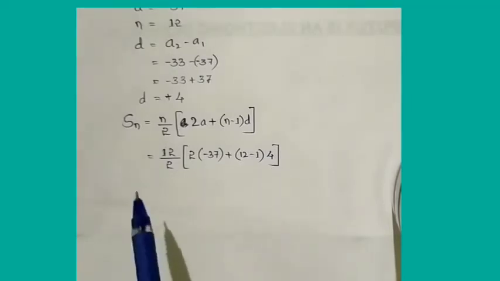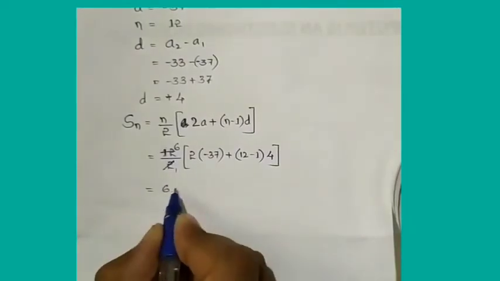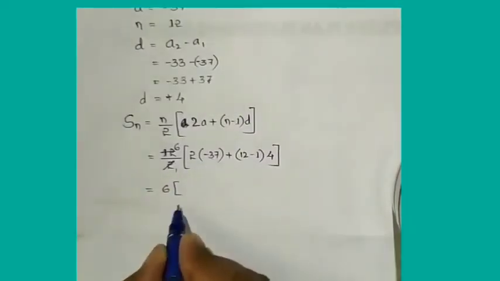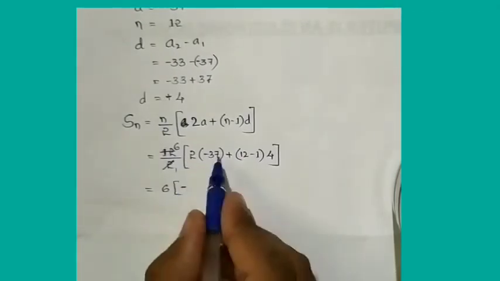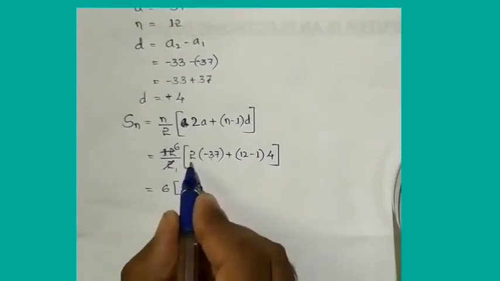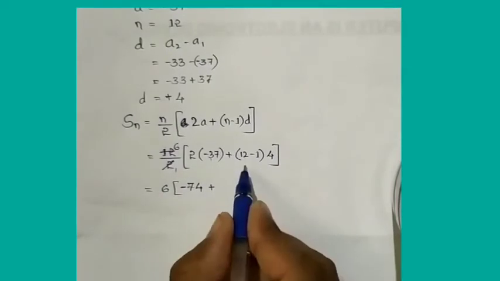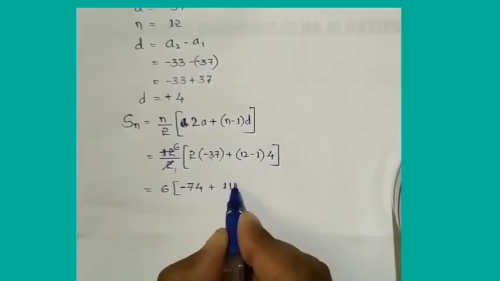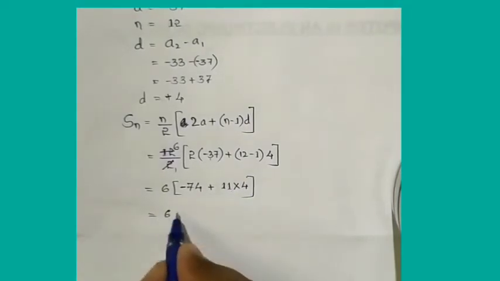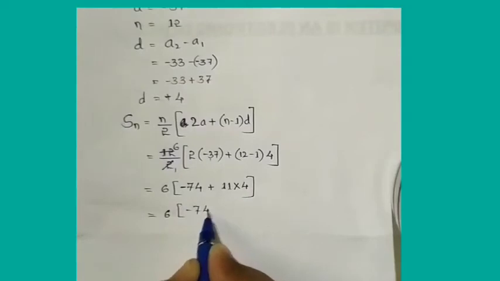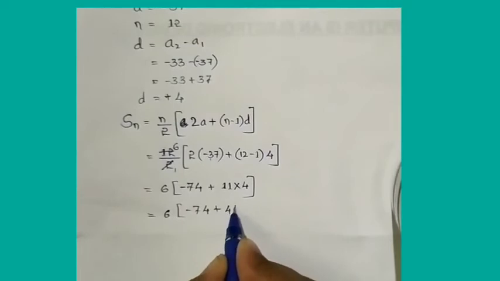Now do the calculation: 2 ones are 2, 2 sixes are 12. So outside we got 6. 2 into minus 37, here we will get minus, because plus into minus is minus. 2 sevens are 14, carry 1, 2 threes are 6, 6 plus 1 is 7. So minus 74, plus 12 minus 1, that is 11 into 4. First go with the multiplication: 6 into bracket minus 74 plus 11 into 4, which becomes 44.